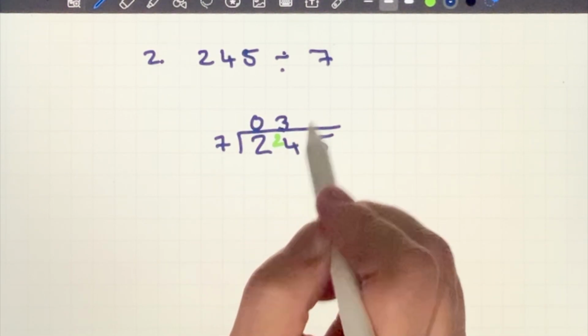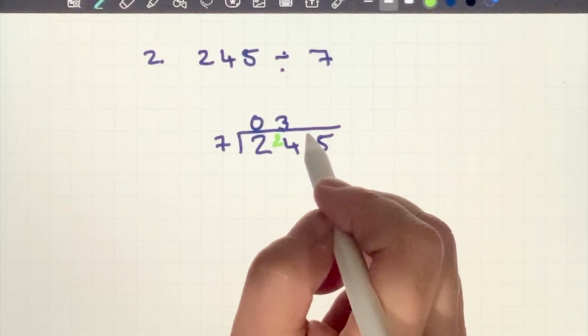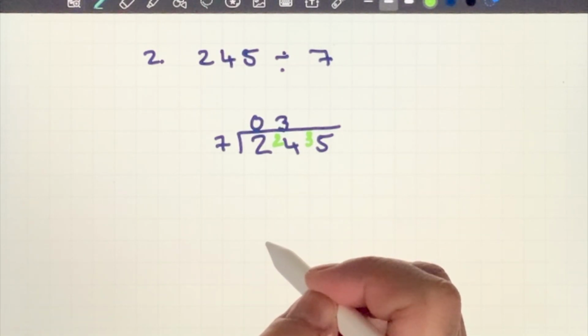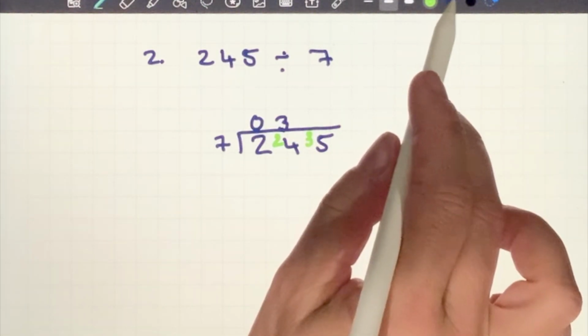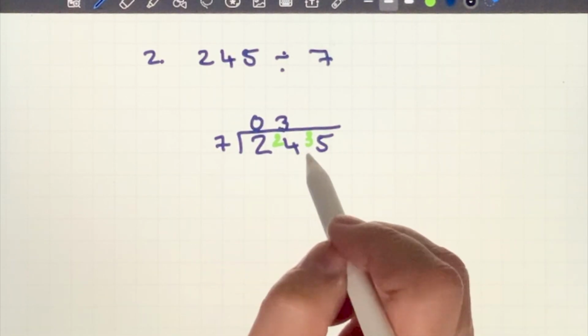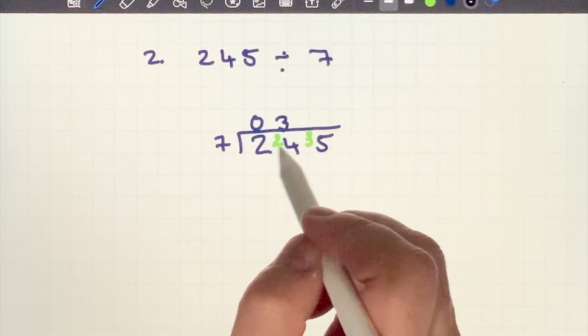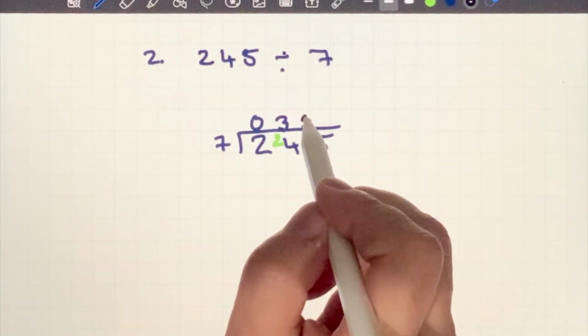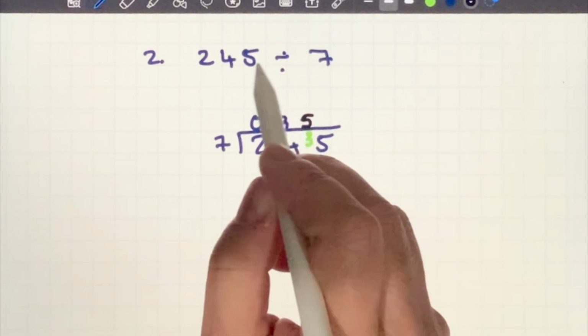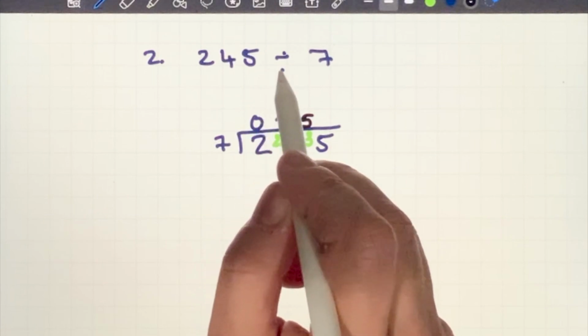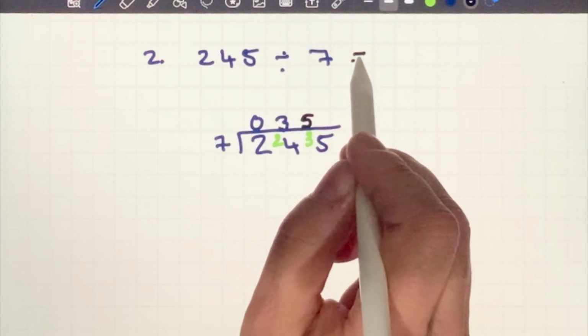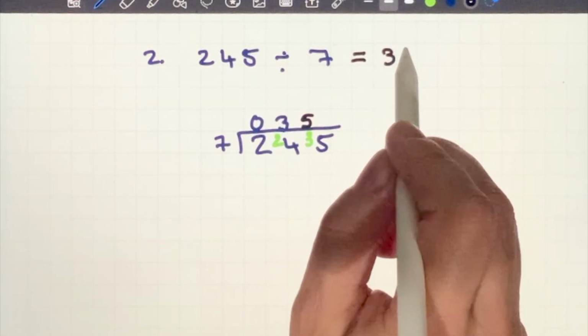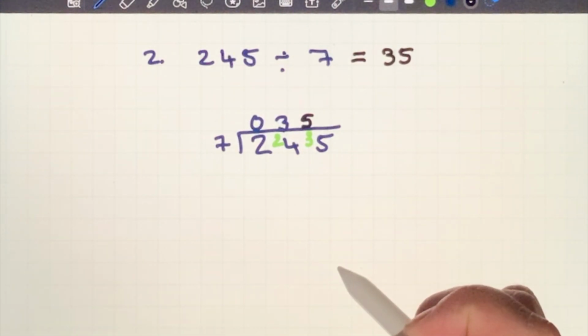Because I've got 24, I've got 3 left over. And then I say 7 into 35, and that goes in exactly 5 times. So 245 divided by 7 equals 35.